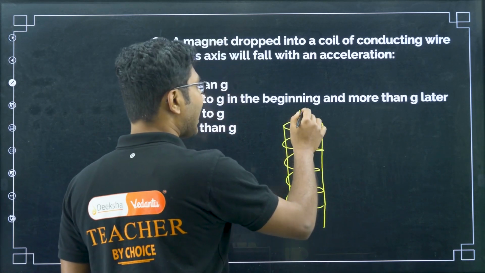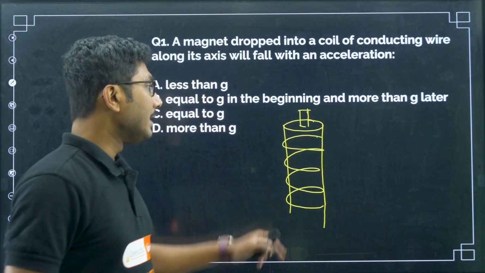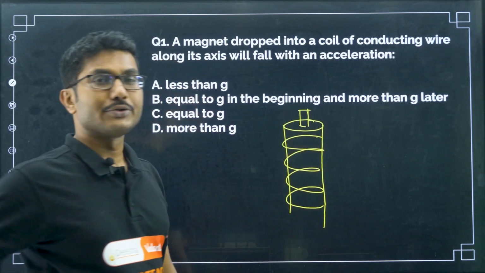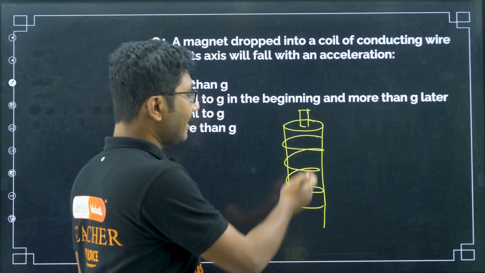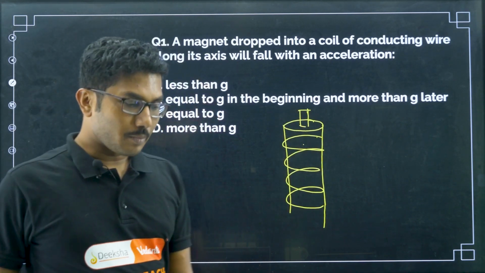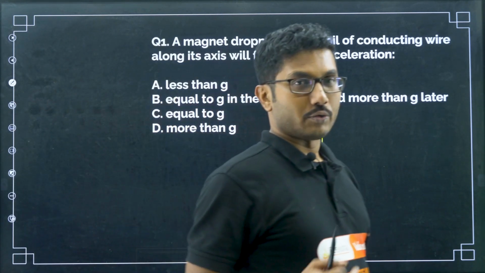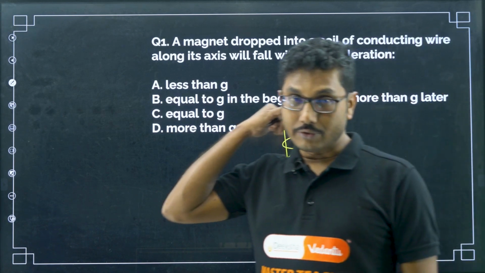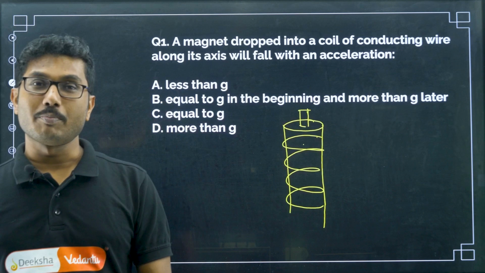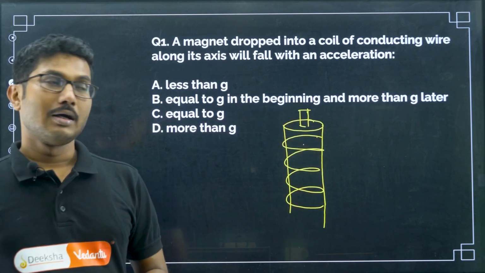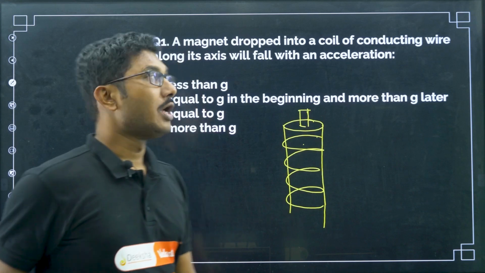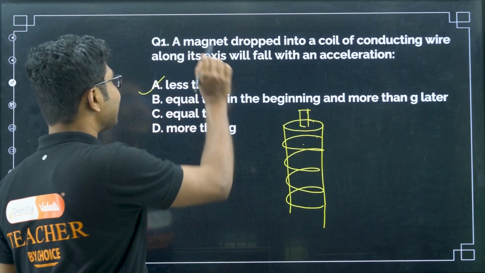It will try to induce a magnetic field in this coil, and because of this induced magnetic field, it will try to repel the magnet. So the magnet will slow down because of Lenz's law. We know that the induced magnetism tries to oppose the external field, so the magnet will slow down and the acceleration will be less than g.